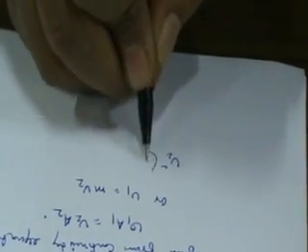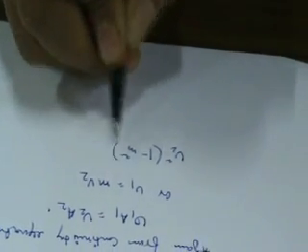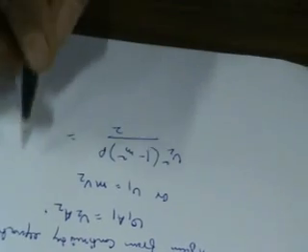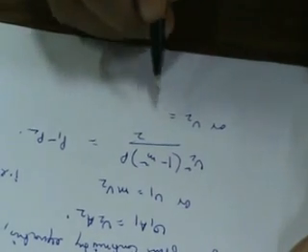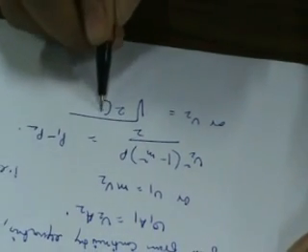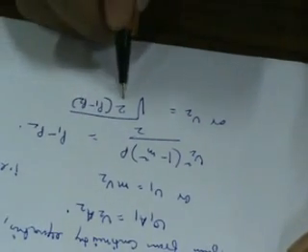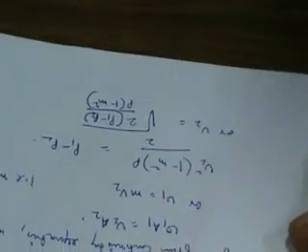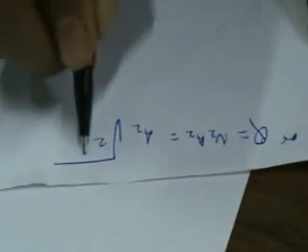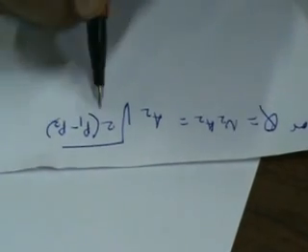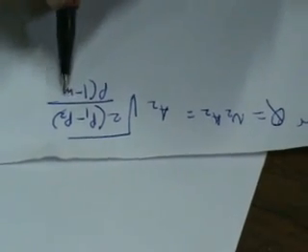V2 square times (1 minus m square) times rho by 2 equals P1 minus P2, or V2 equals root over 2 (P1 minus P2) divided by rho times (1 minus m square), or Q, that is the flow rate, equals V2 A2, that is equal to A2 root over 2 (P1 minus P2) by rho times (1 minus m square).